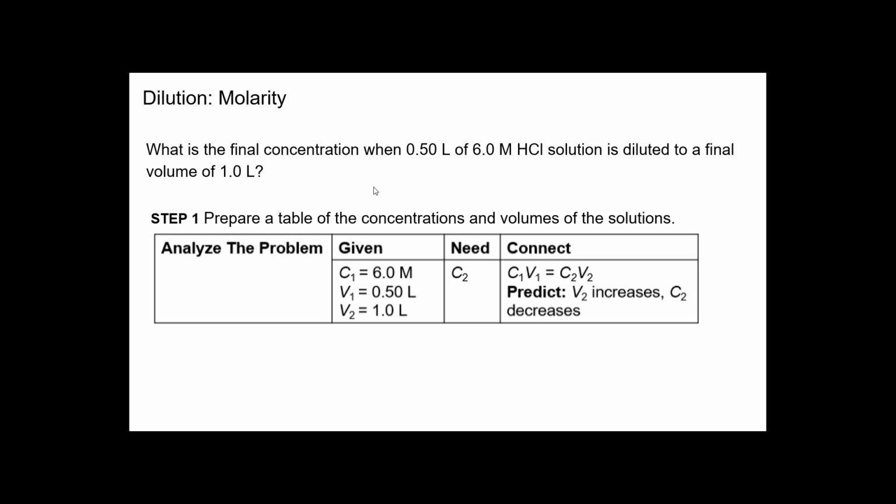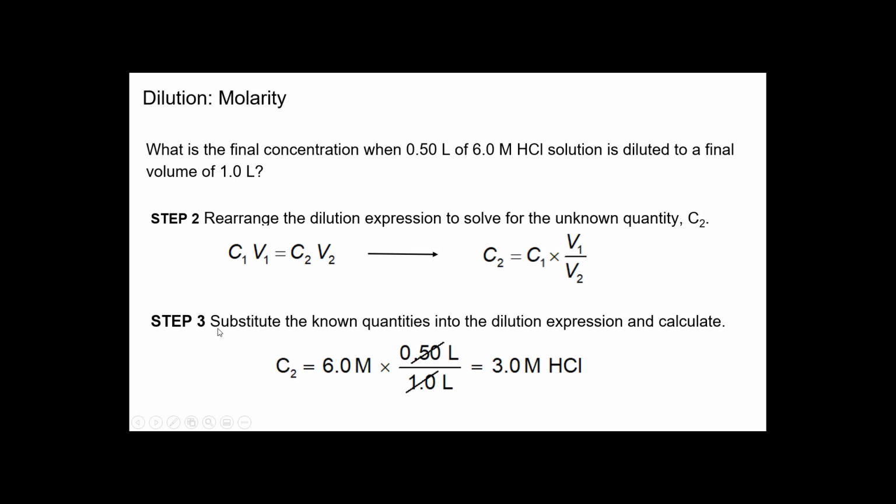The initial volume is 0.50, and the final volume increases to 1.0. As the volume increases, the concentration has to decrease. So we believe that the new concentration will be lower because it's diluted. Solve for C2.